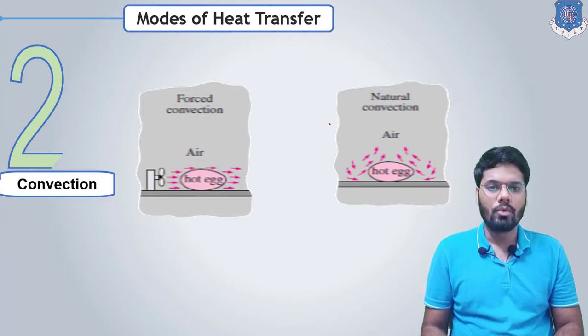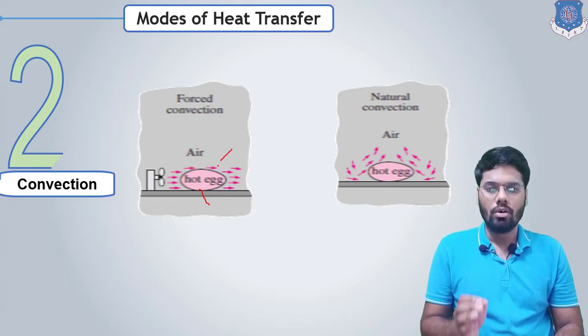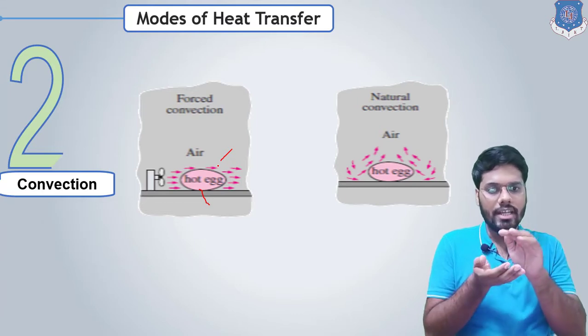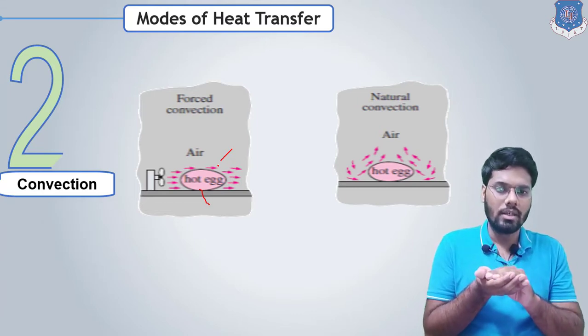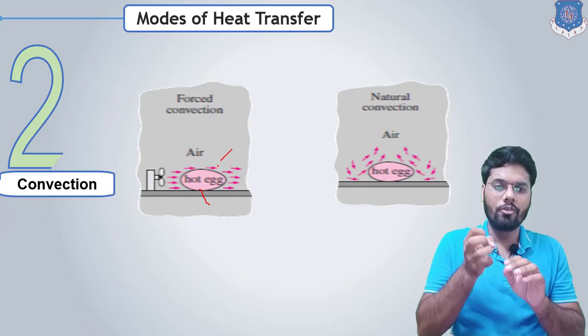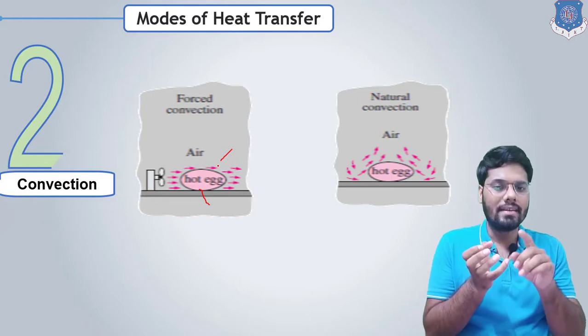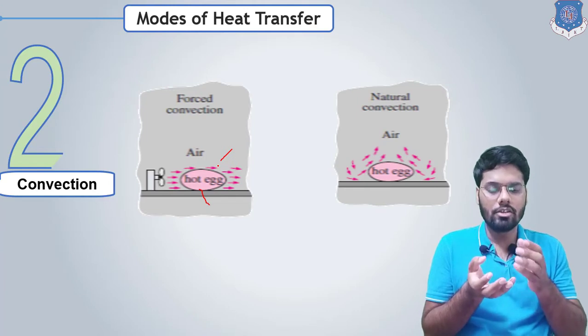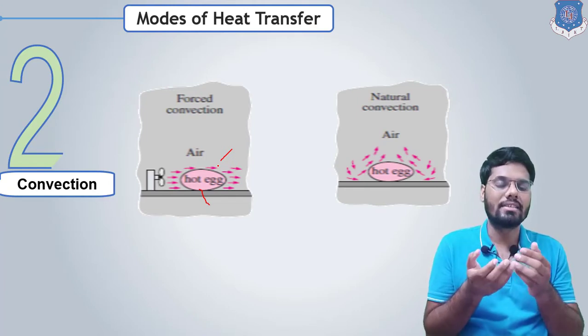Here in the figure we can see that this is a hot egg, and in the surrounding there is air. So what will happen here is that the layer of air which is in contact with the hot egg will take heat from the hot egg, and the temperature of that layer becomes much higher as compared to the other layers.